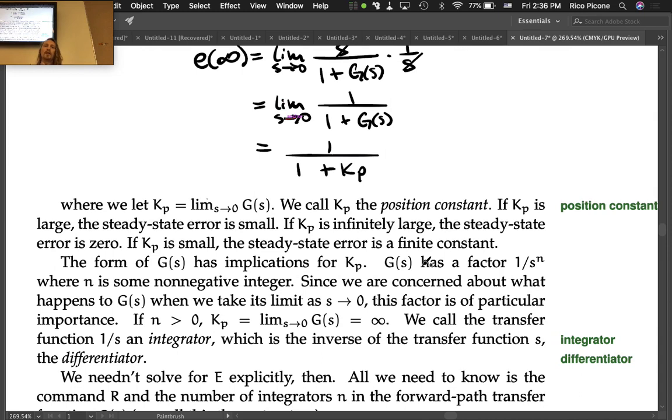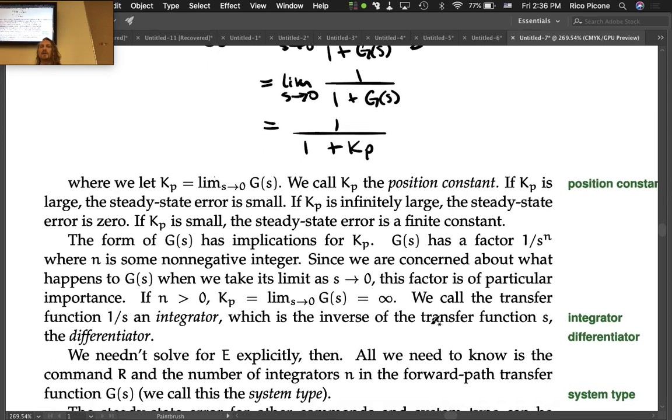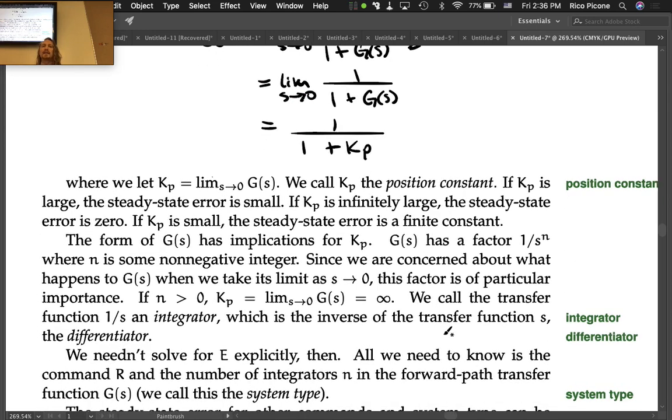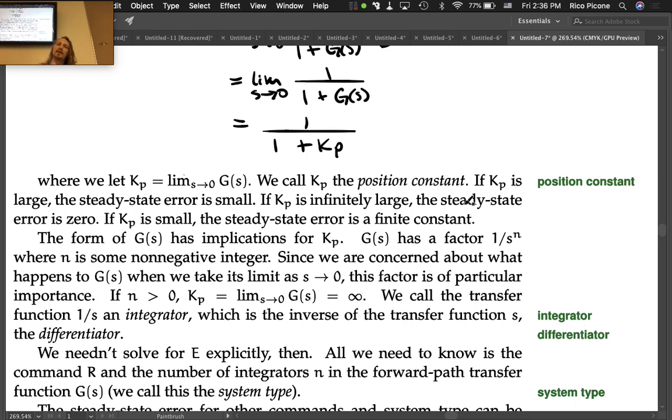The form of g of s has implications for Kp. G of s has a factor 1 over s to the n, where n is some non-negative integer. So let's look at this factor, 1 over s to the n. If n is 0, then it's 1 over s to the 0, or just 1 over 1, or just 1.